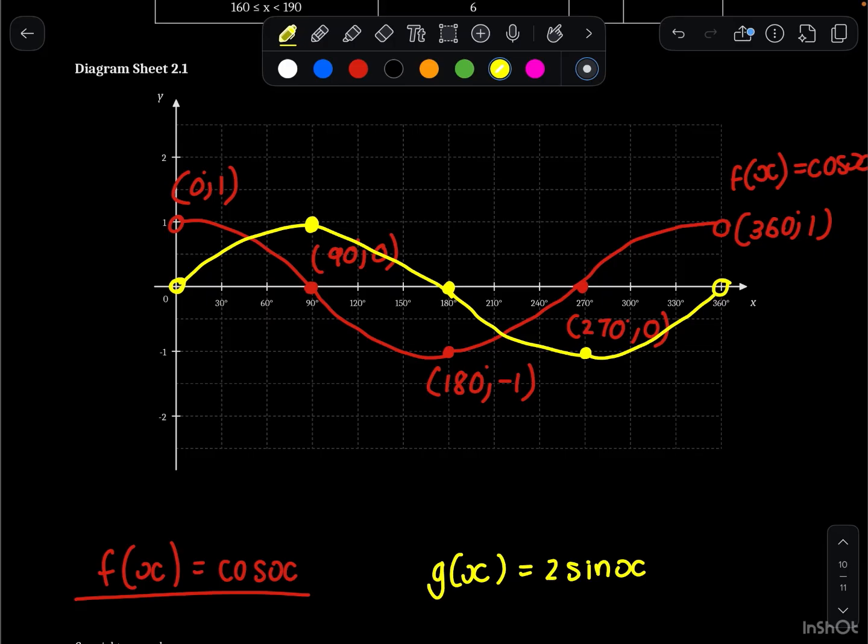Okay, put a label for it. And then we can also label these points, although it is getting a bit chaotic on here.